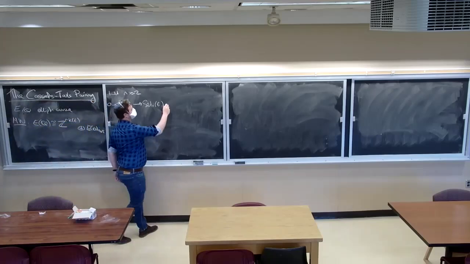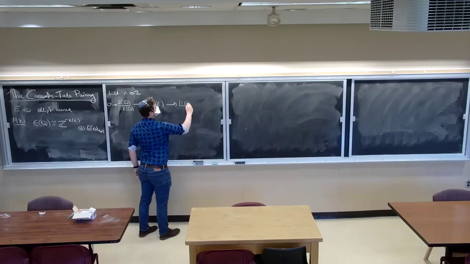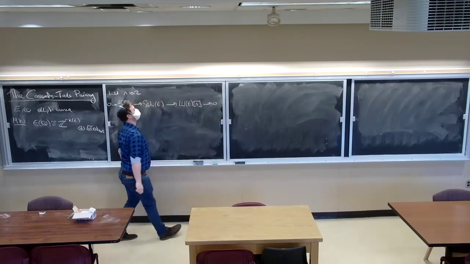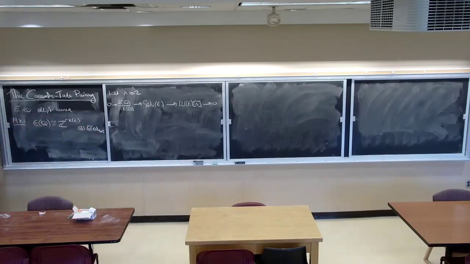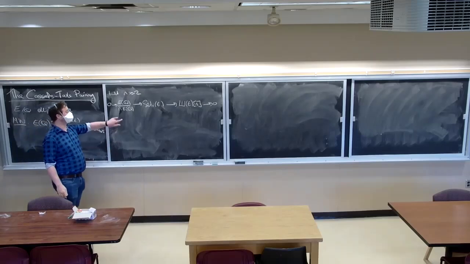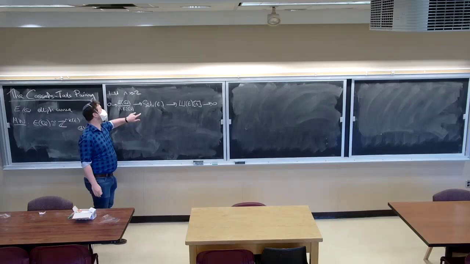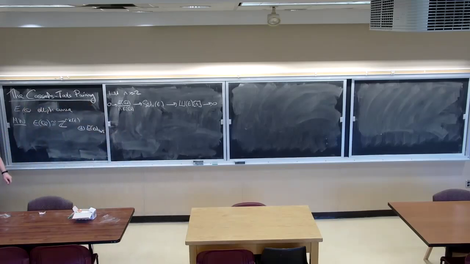And the kernel of this map is the n-torsion points in the so-called Tate-Shafarevich group. And the point of this exact sequence is I can use it to bound this thing if I know the size of this. And this thing will tell me the size of the rank.